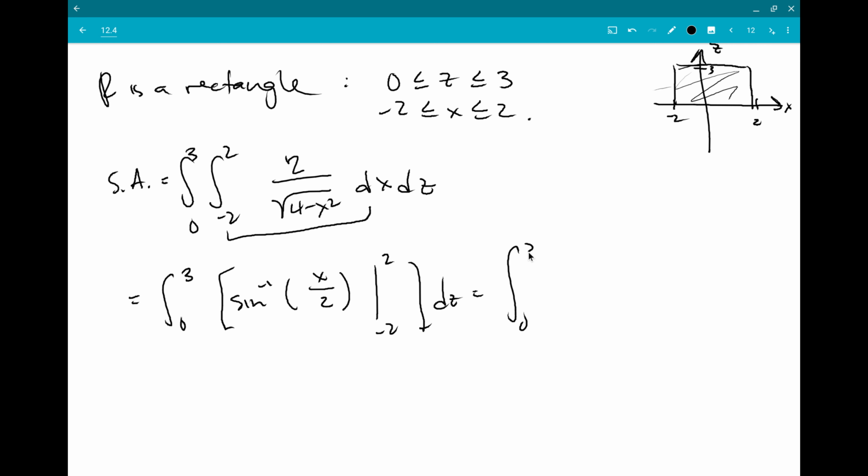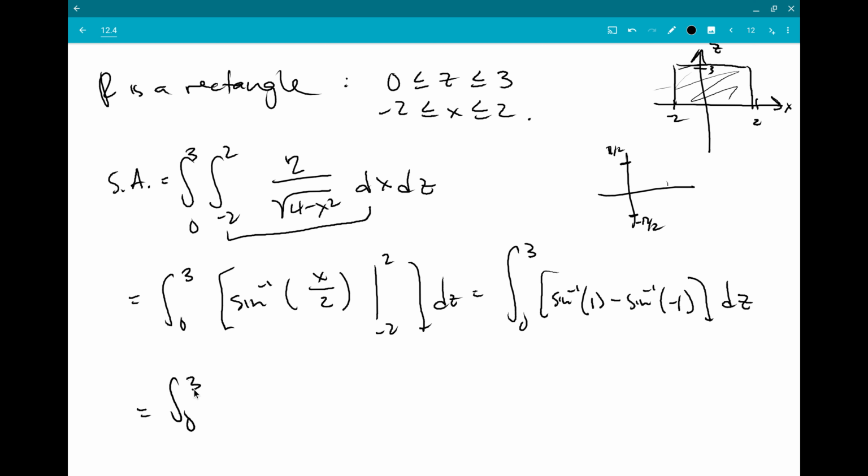So when we plug in our bounds of integration, we're just going to get inverse sine of 2 over 2, which is 1, minus inverse sine of negative 2 over 2, which is negative 1. And then we know that sine is positive 1 at pi over 2 and negative 1 at negative pi over 2, just from your unit circle. So this is pi over 2 minus negative pi over 2, so plus pi over 2. That's just going to give us a whole pi.